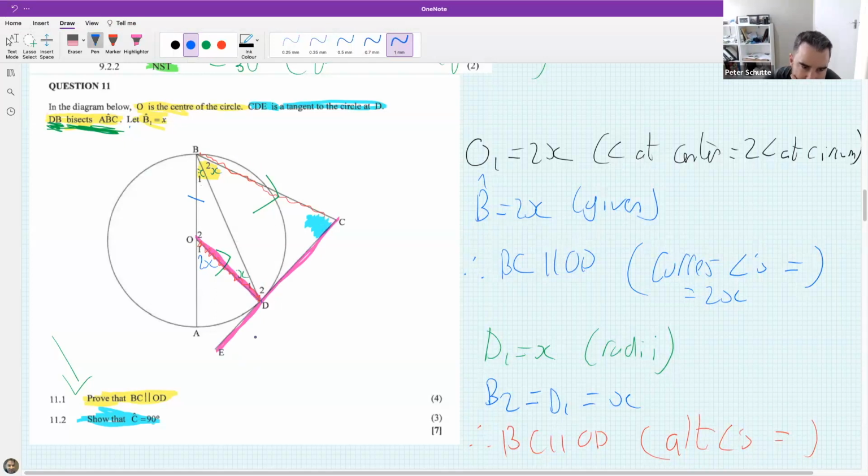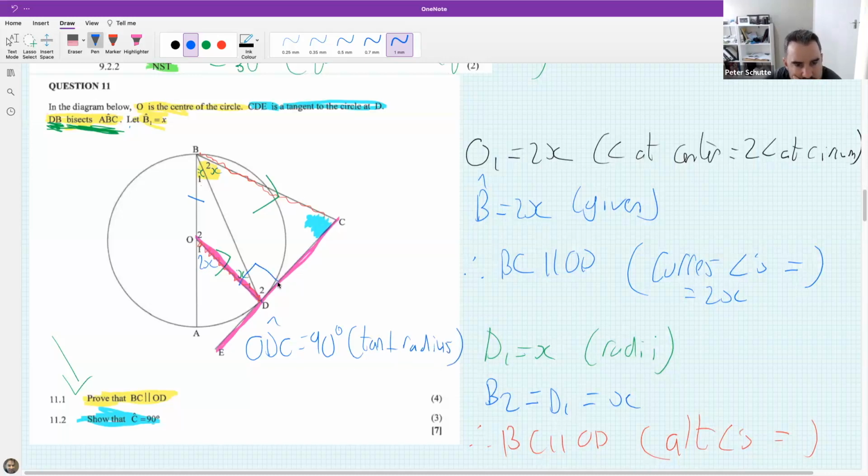So I'm going to say D1 plus D2, or you could say the angle ODC. Maybe I should say that. The angle ODC is equal to 90 degrees, and that is going to be tangent perpendicular to radius.